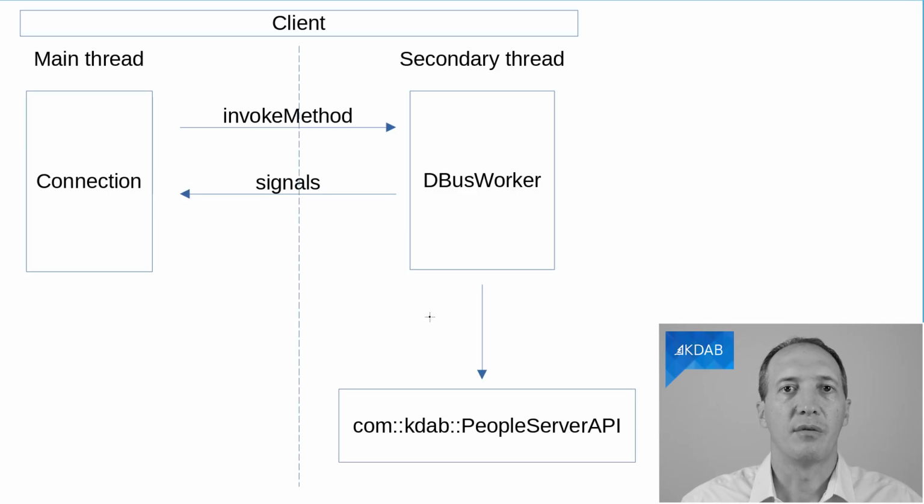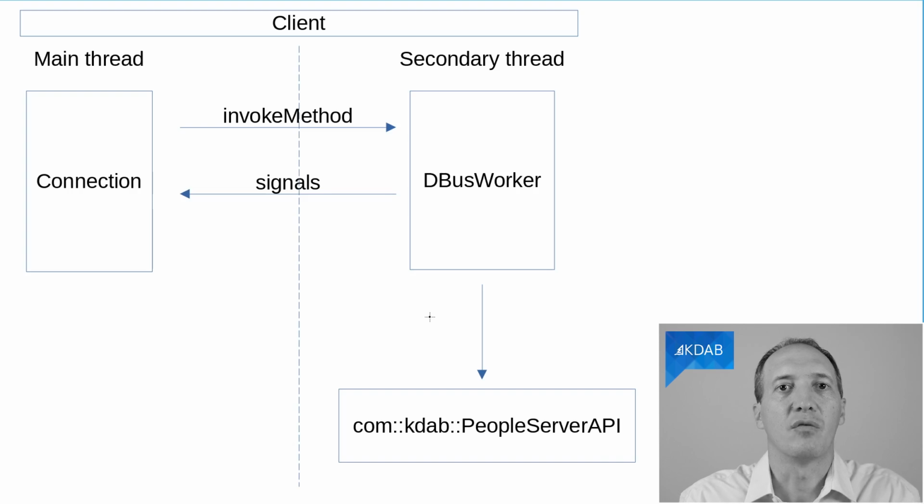The way we are going to design this is, again, the connection class stays in the main thread, and it will talk to the dbus worker class, which we run in a secondary thread. And the only ways for the two things to communicate are going to be cross-thread signals and slots, which also includes invoke method as a way to call a slot in an object that we know without having to use a signal on the sender side.